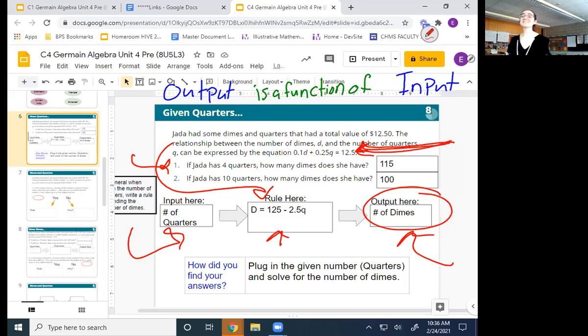We solved it so that D was by itself. We had a single D. Then to find those answers for 1 and 2, we just plugged that 4 in for our Q and solved to get our D. Not a big deal. Awesome job.